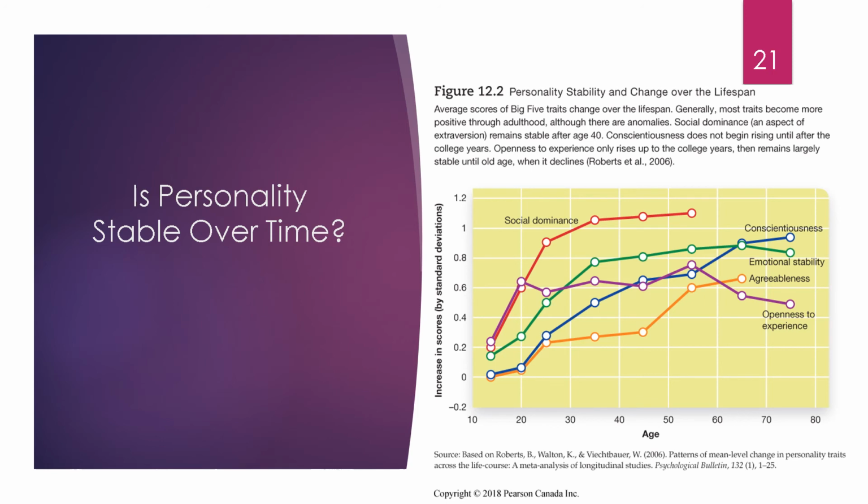So the fact that we see emotional stability going up would indicate that neuroticism is going down, because we have to keep in mind that's the opposite end of that dimension. In general, the more positive traits tend to become increasingly relevant over the lifespan, and people tend to shift towards the more positive ends of each of the dimensions.